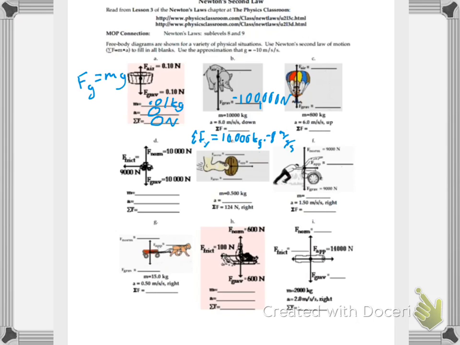So when we take 10,000 kilograms, multiply it by negative 8 meters per second, we will get a sum of our forces of negative 80,000. So if we have negative 80,000 newtons and our force due to gravity is negative 100,000 newtons, that means that our air resistance will then come out to be a positive 20,000 newtons.